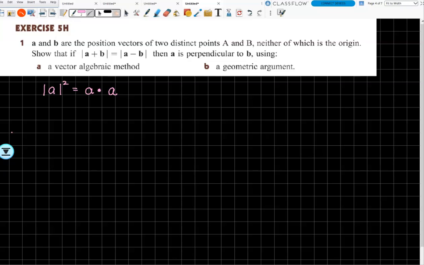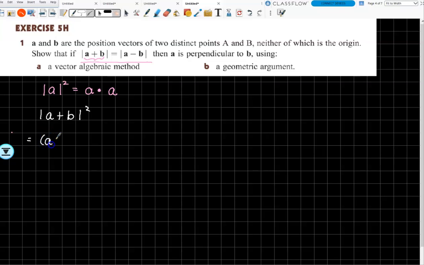Everybody with me? Okay. So we want to show algebraically, that's why we're going to be using some of these properties, we want to show this. Now our actual A for us is actually A plus B. So I'll start with the left-hand side. A plus B squared. So using this property, what would that then become? Everyone happy?